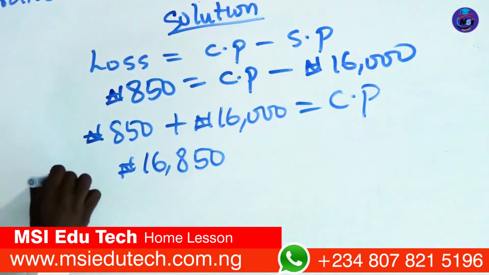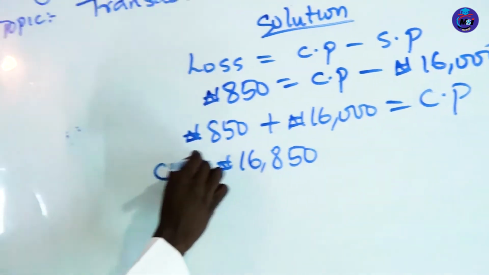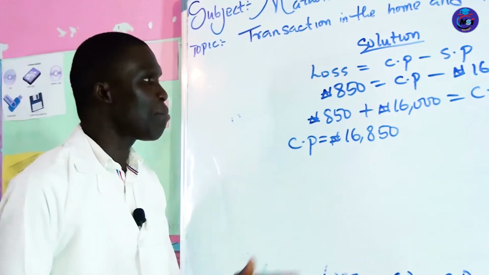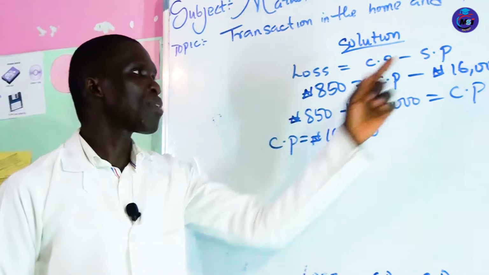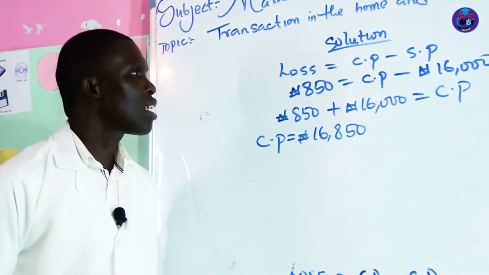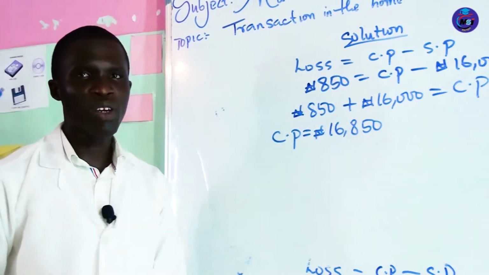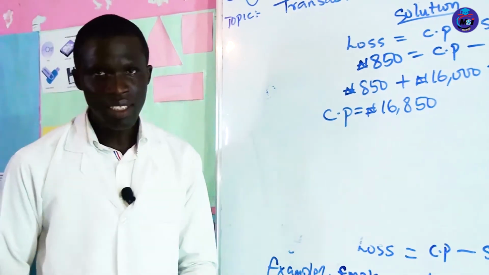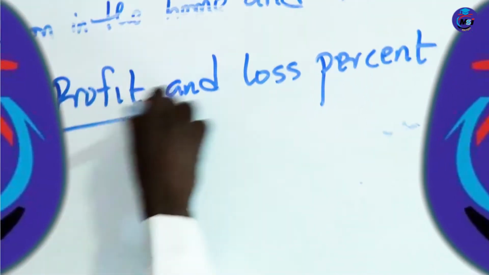So this will be our cost price. So you can apply the same method to find your selling price and also to find your loss. Thank you very much. Let's go to another example.